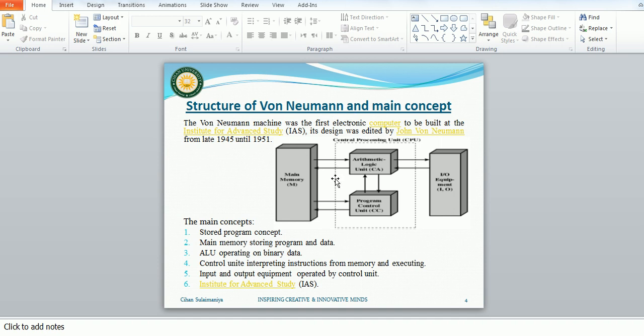This was done between 1945 and 1950, by a person named John von Neumann. That's John von Neumann. He is Hungarian. He was born in Hungary, and he graduated from university in Germany.